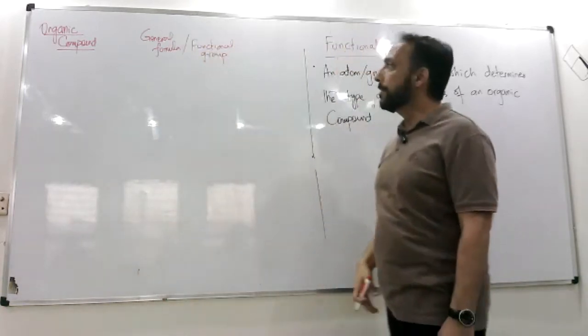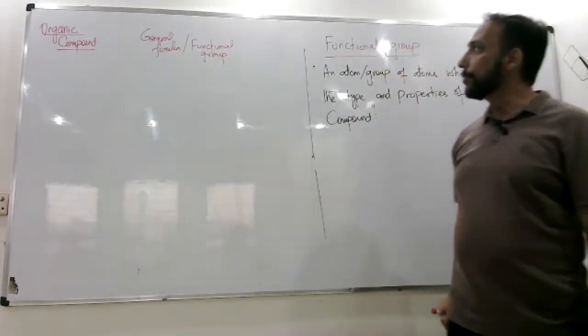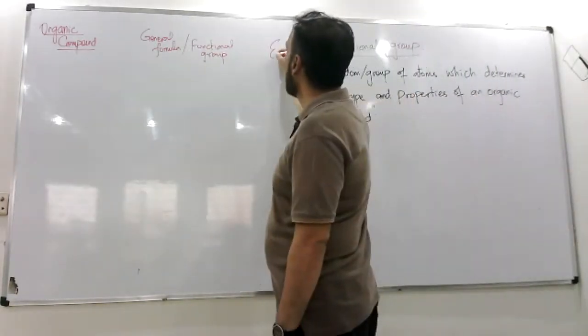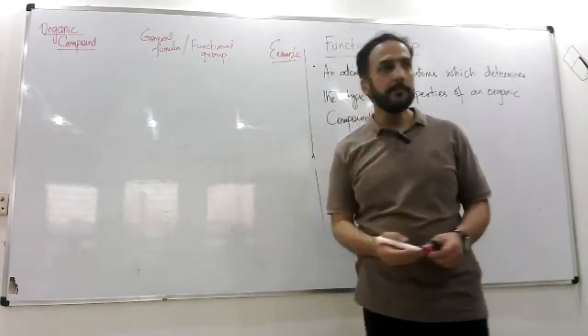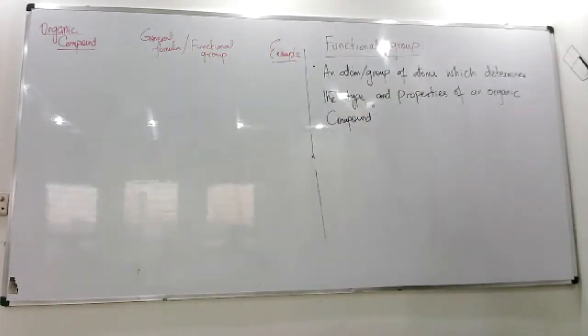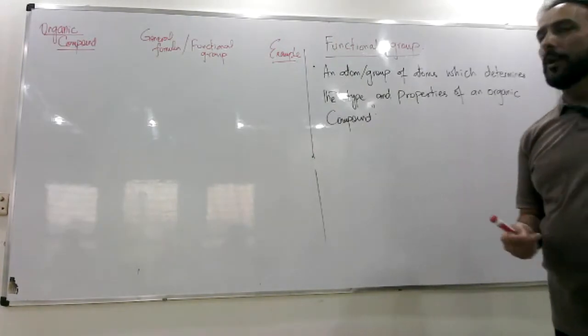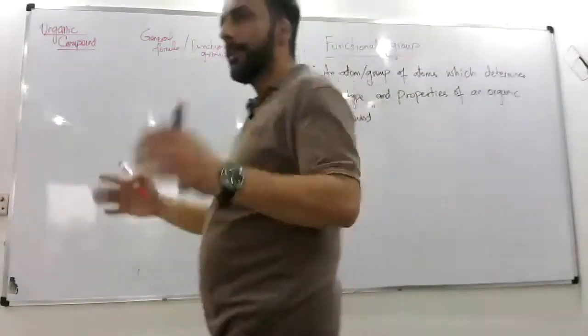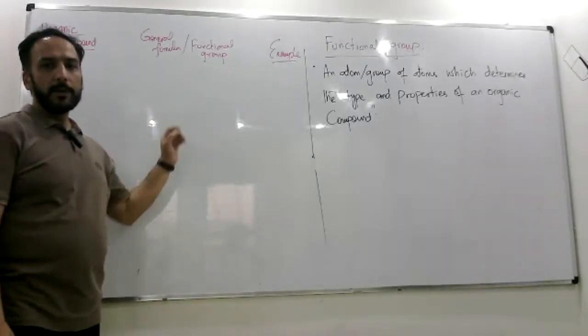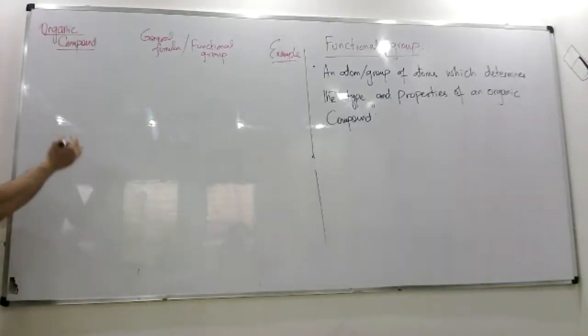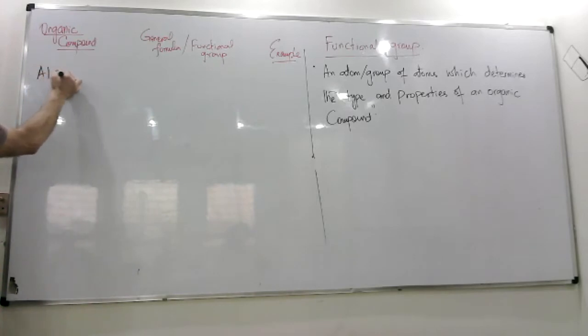Organic compound, general formula slash functional group, and one example. Three columns. You could put them at equal space, the middle one slightly bigger. So the first one is alcohol.